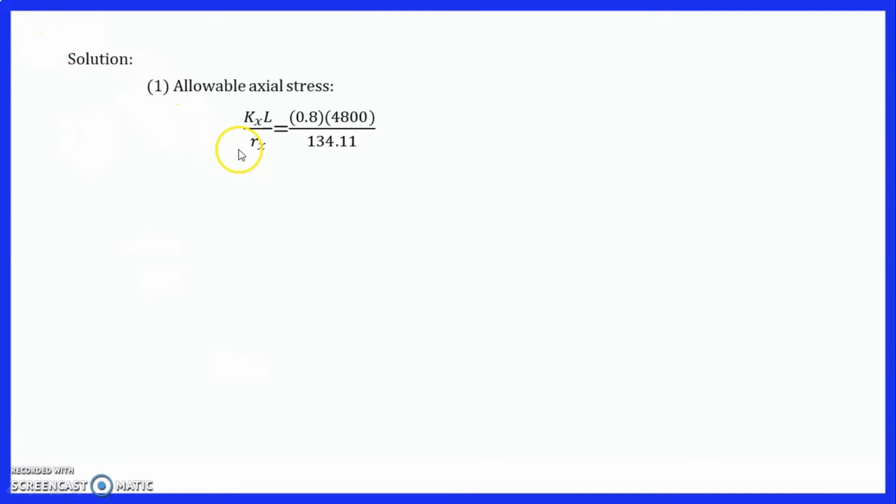We'll be using this formula, KL over r, which is the slenderness ratio, and we're going to substitute the values for X. So we have effective length factor X is equal to 0.8, which is given in the problem, and the length of the column, which is 4.8 meters or 4,800 millimeters, over the radius of gyration X, which is also given in the problem, valued at 134.11.